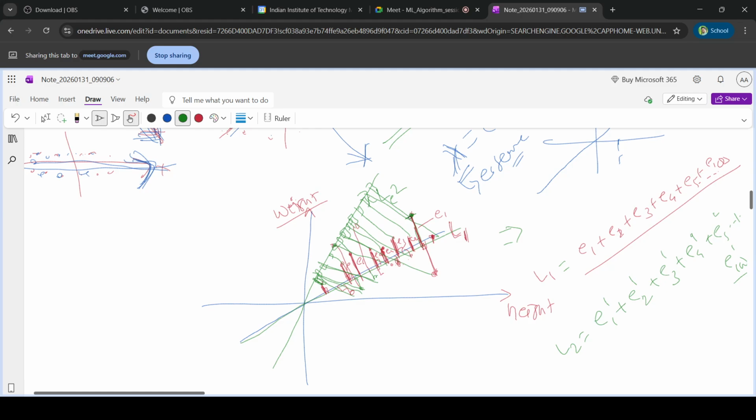So you are trying to figure out the line which gives less error. Should I go with L1, because the error with L1 is maybe A, and with L2 it is B? You are trying to get the line which gives the minimum error, the same way as last time we discussed.